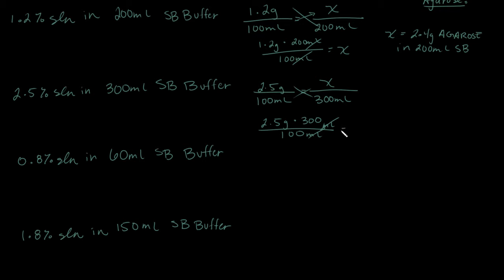I know these mils are going to cancel out, but it's still good to show that you know what you're doing. It's equal to X. And so we have X is equal to 7.5 grams agarose in 300 milliliters SB.